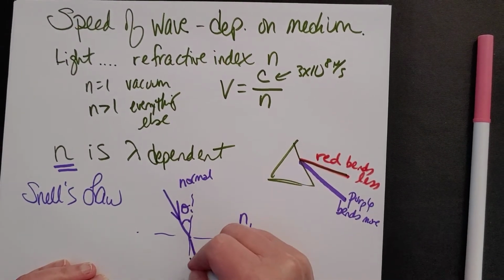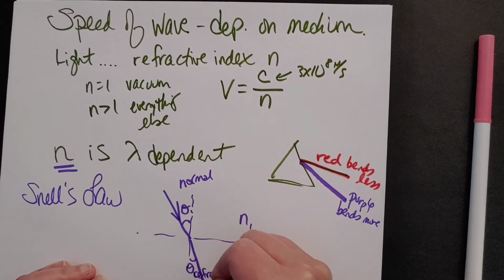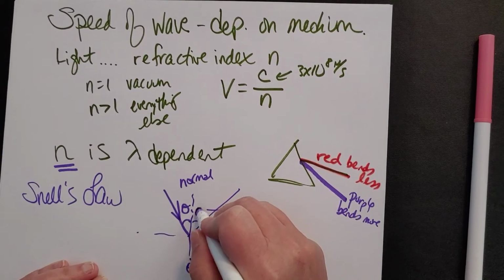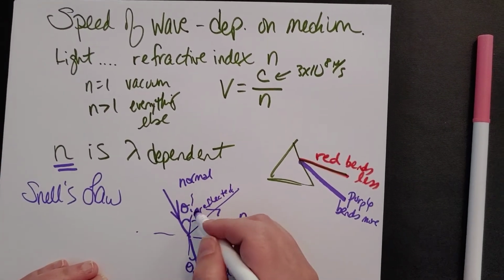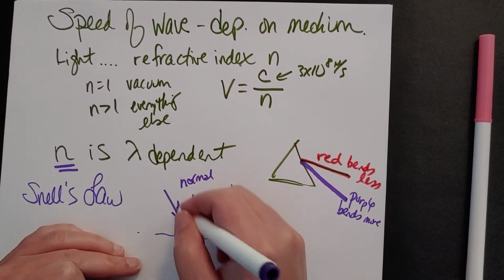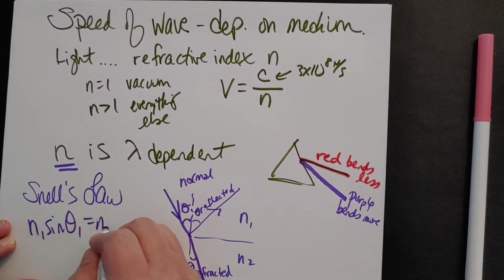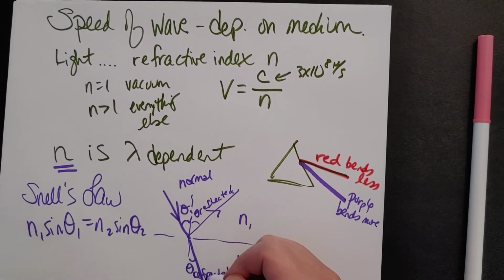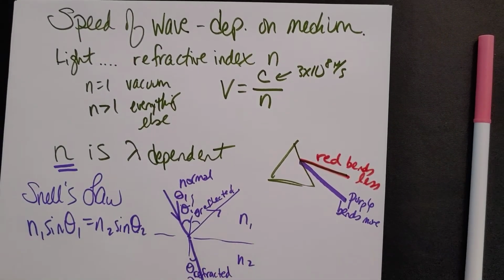This is the refracted angle. There's also the reflected angle. These are always equal, but these are related this way. And I know I just called that theta incident and theta refracted, but it's theta 1, theta 2 in this context.